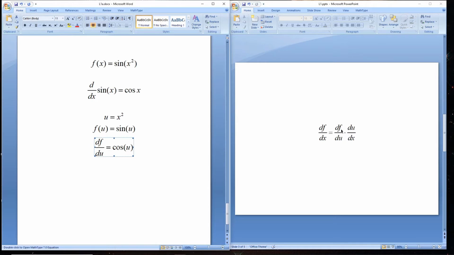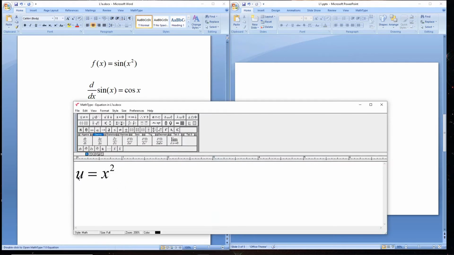And the chain rule says, well, now that you've figured out df du, you have to multiply this by du dx. Now that means the derivative of u with respect to x. Well, here is u equals x squared, and now they're asking us, well, what is the derivative of u with respect to x? Well, the derivative of x squared is 2x.